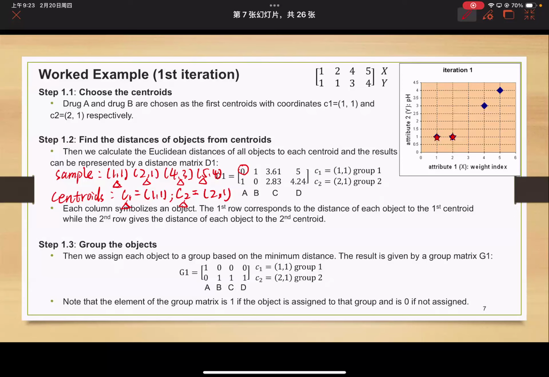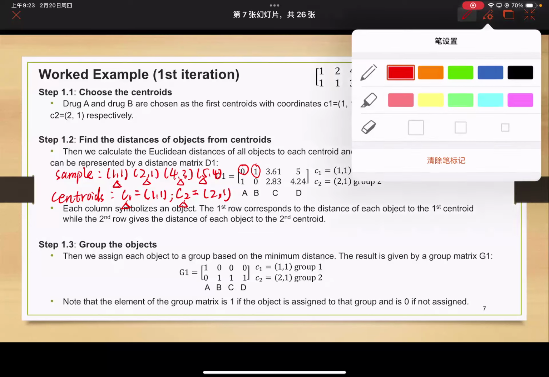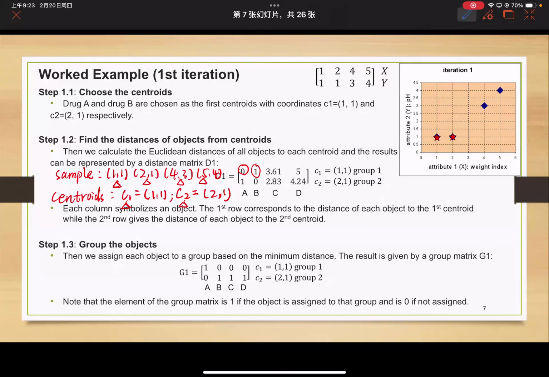The second distance represents the distance from 2, 1 to 1, 1. The second distance represents the distance between this data point and this centroid. So we can say this distance is 1.